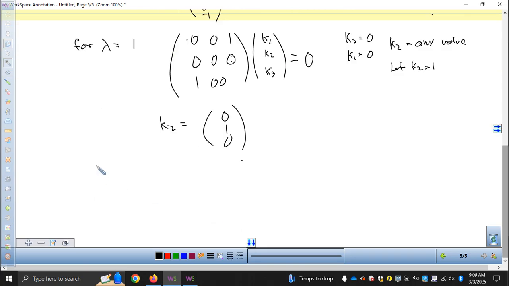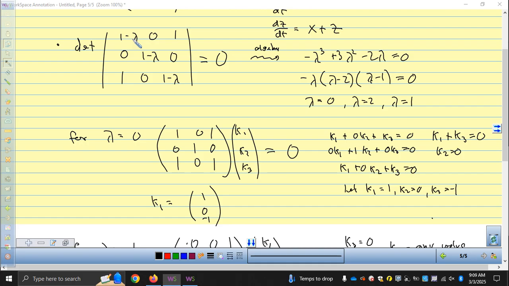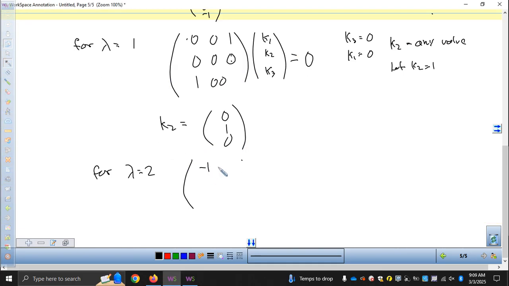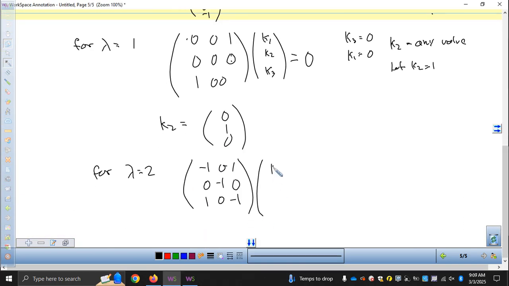And then finally, for lambda equals 2, I get, well, here I have 1 minus 2. So I get negative 1, 0, 1, 0, negative 1, 0, and 1, 0, negative 1, times k1, k2, k3, that equals 0.